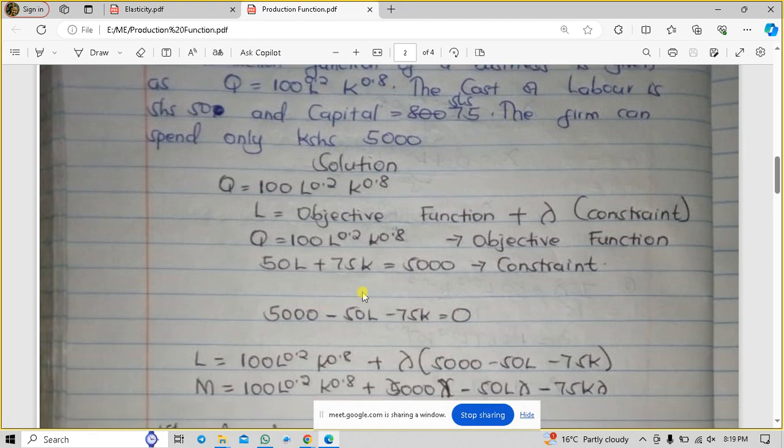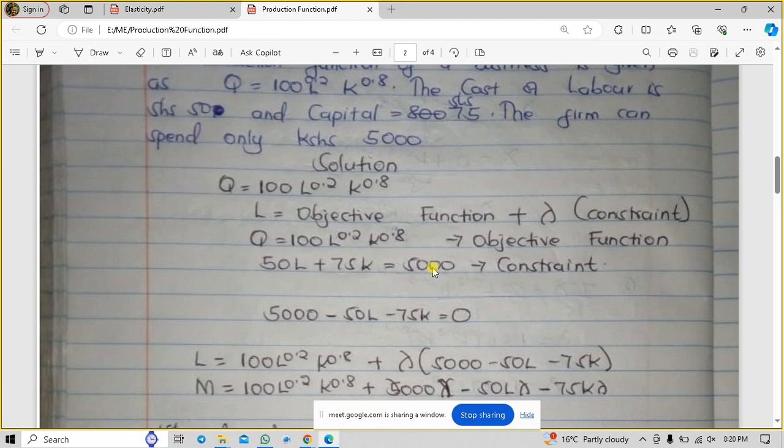Okay, we can proceed. So when you have the constraint function, now the math has started to come in. This was introduction. This is what you do. You make the constraint function equal to 0. You equate the constraint, we are calling it constraint, equal to 0. So what do you do?